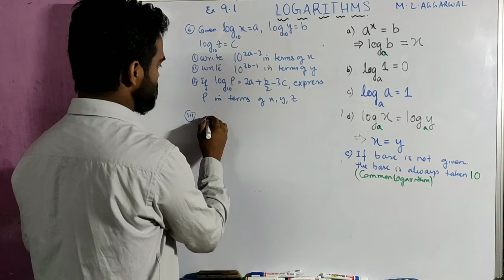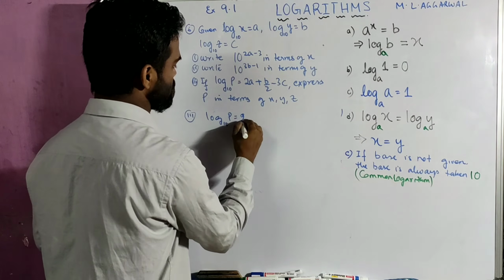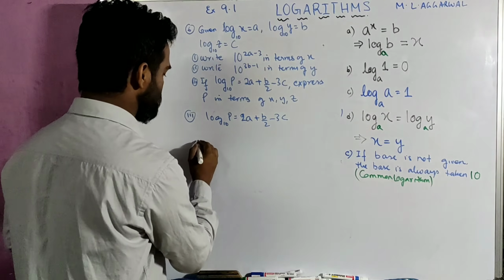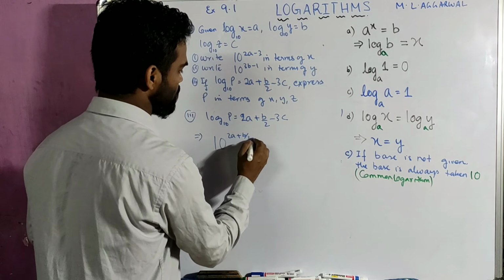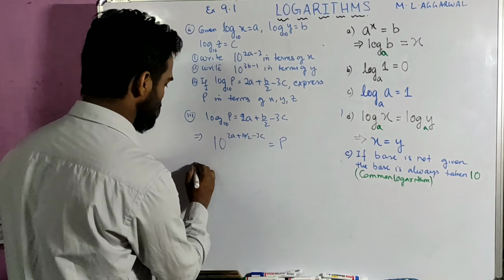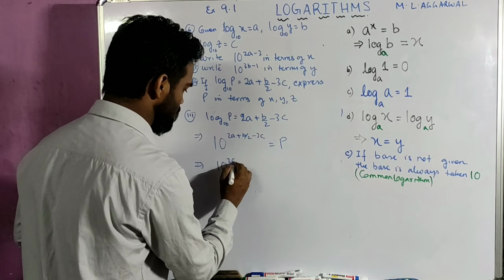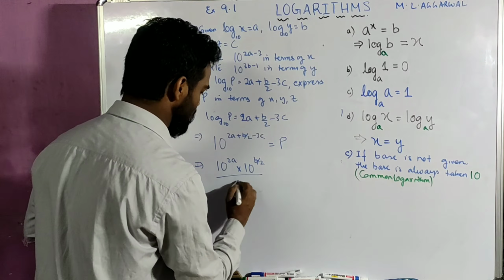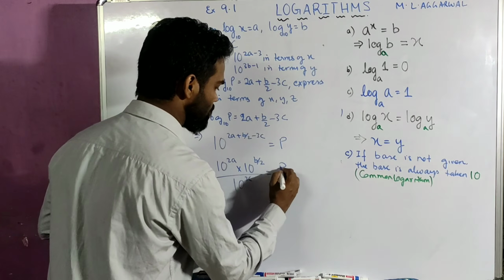Okay. Now see the third part I'm doing. It's given log base 10 of p equals 2a plus b by 2 minus 3c, which means this we can write as 10 to the power 2a plus b by 2 minus 3c equals p, which exponent we have done already. 10 to the power 2a multiplied by 10 to the power b by 2 divided by 10 to the power 3c equals p.